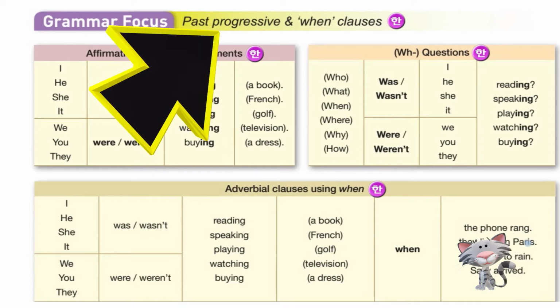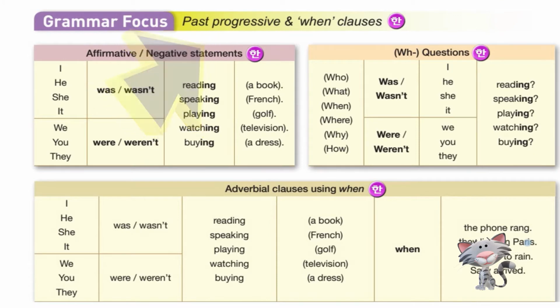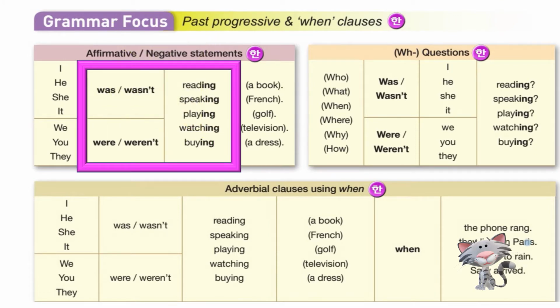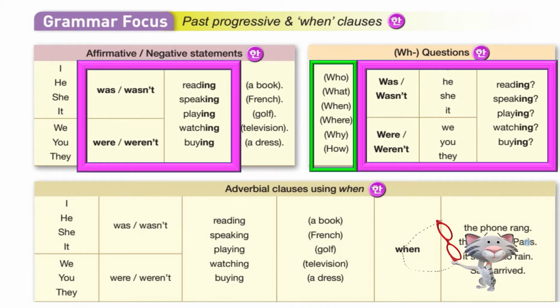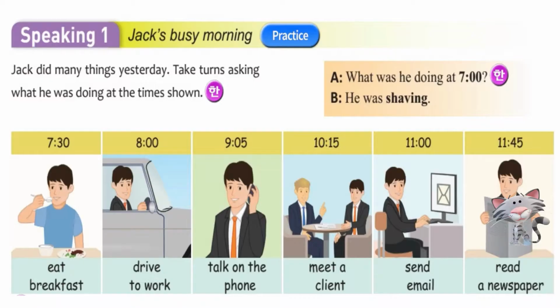As a reminder, look back at the grammar section: the auxiliary verb was, wasn't, were, weren't, and then the main verb ending in ing, with questions beginning with who, what, when, where, why, how. Here we're looking at using what questions.